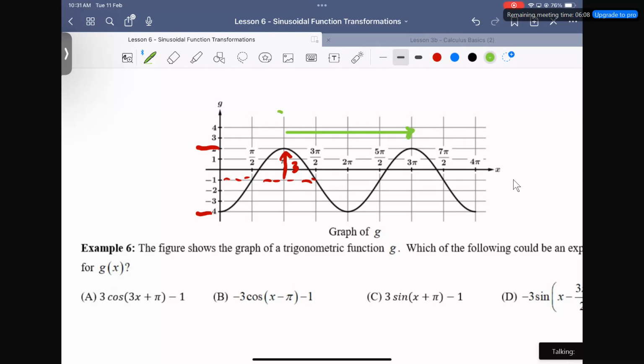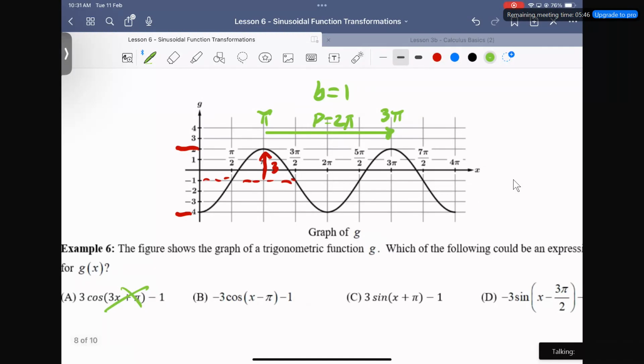This is at pi, this is at 3 pi, so our period is 2 pi, which means our value of B is going to be 1. So that means it's not this one. I'm not looking at the minus sign in front of the 3 because we can phase shift it both ways. What we need to do is move this across by pi.